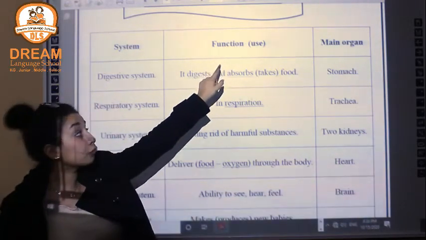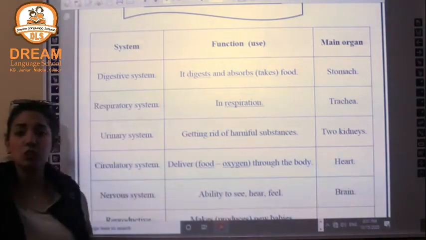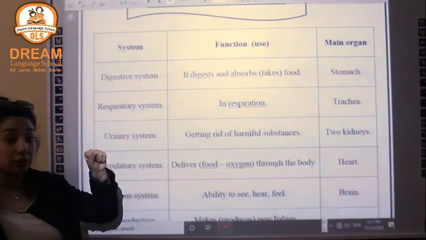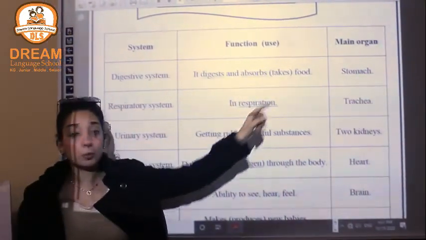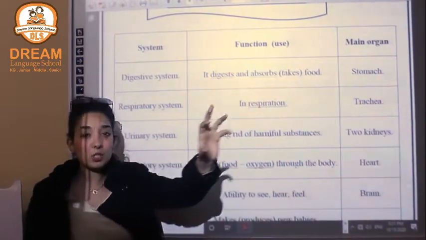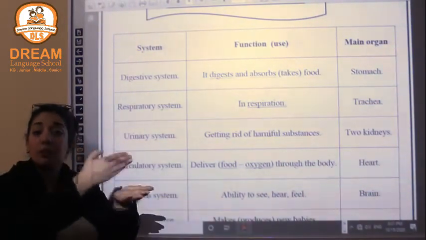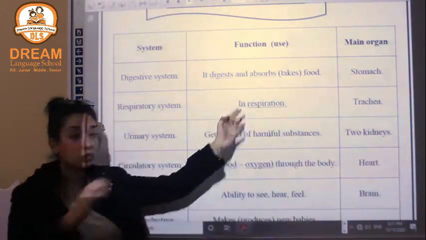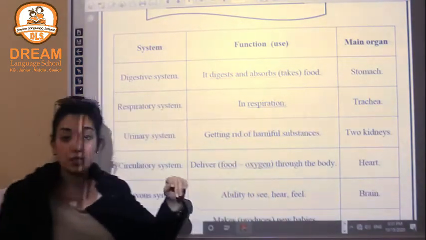The meaning of function is what the digestive system is used for. It digests and absorbs the food. The meaning of absorb is to take the food. I digest, I break it down into smaller pieces, and I take the food to the body.